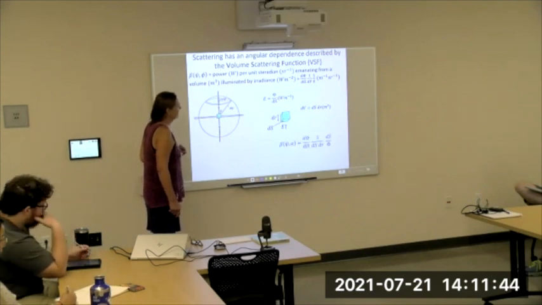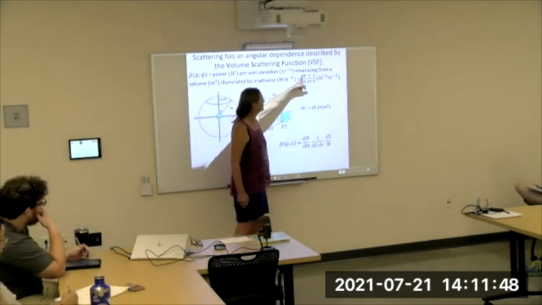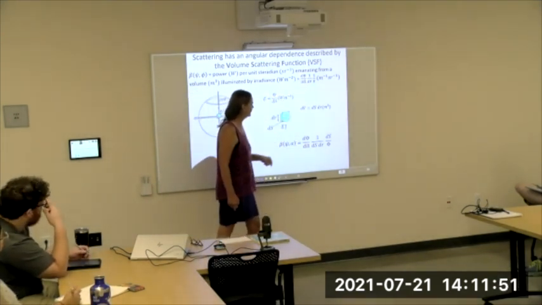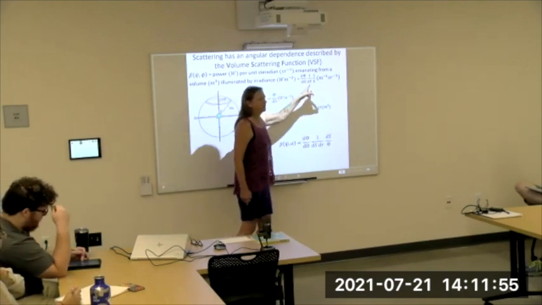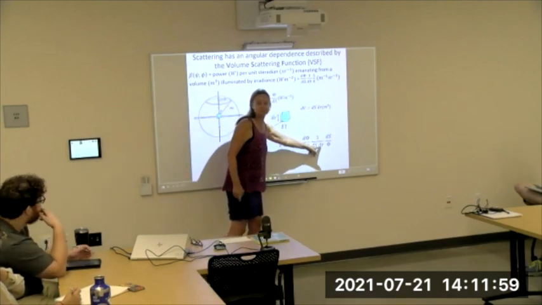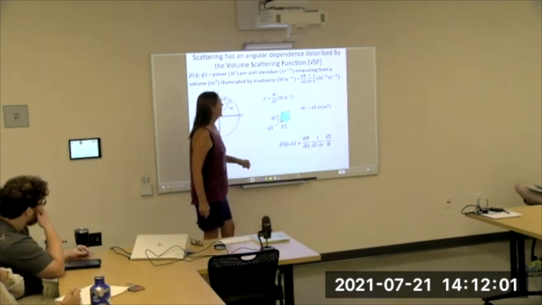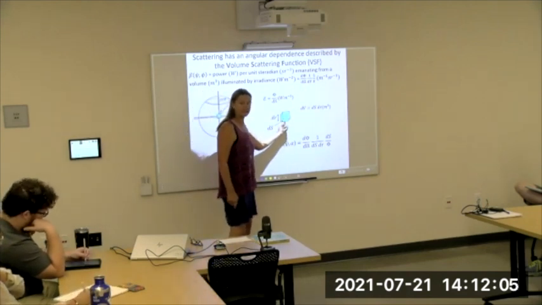So if we put this together, we have this differential power per solid angle per unit volume, which we can now say is ds times dr. And per amount of radiance that's incident on that volume.